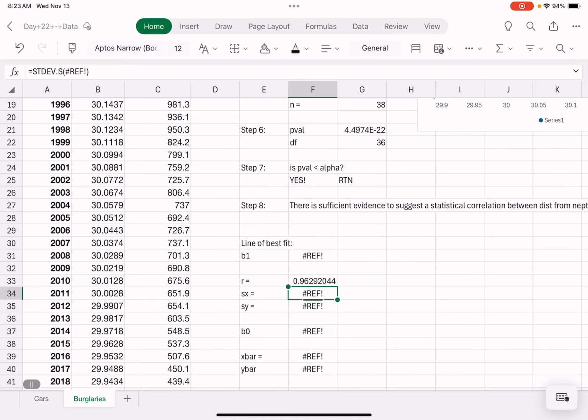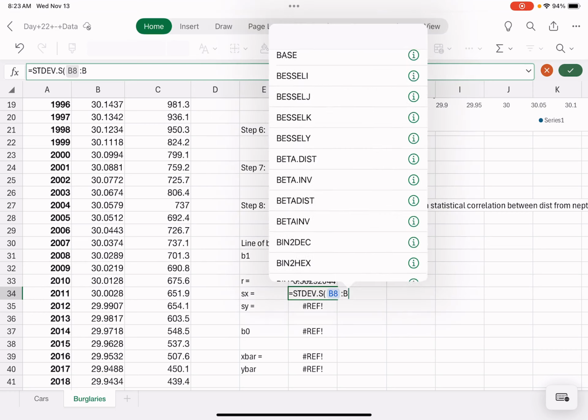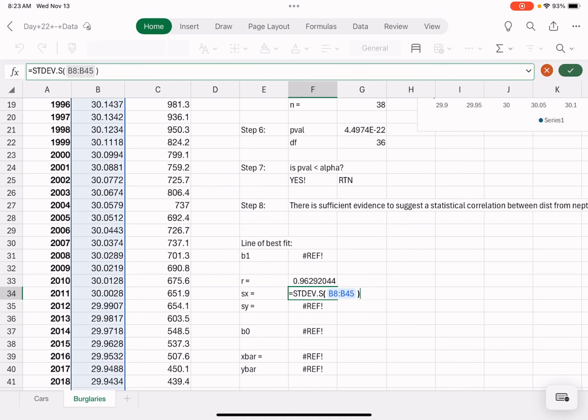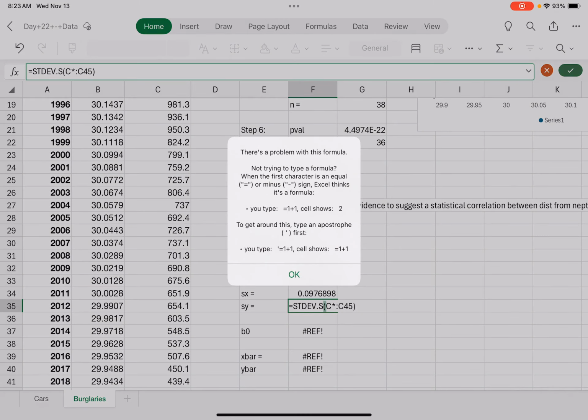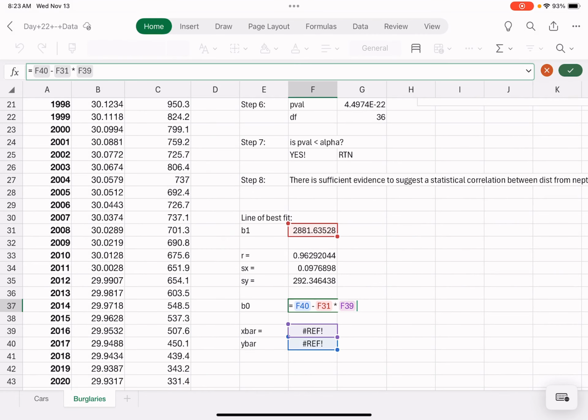Now for this one, the x's are B8 to B45, and this one's going to be C8 to C45. It doesn't like my asterisks. Okay, good. Now this one, that looks okay.